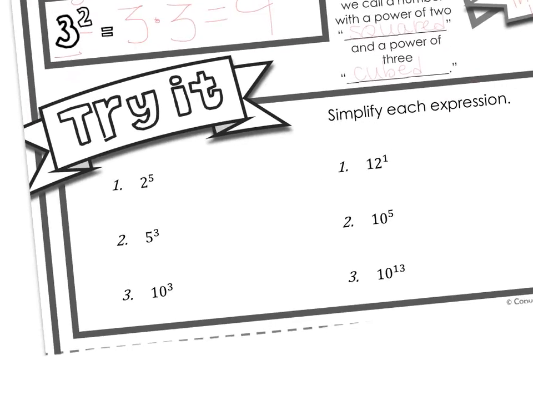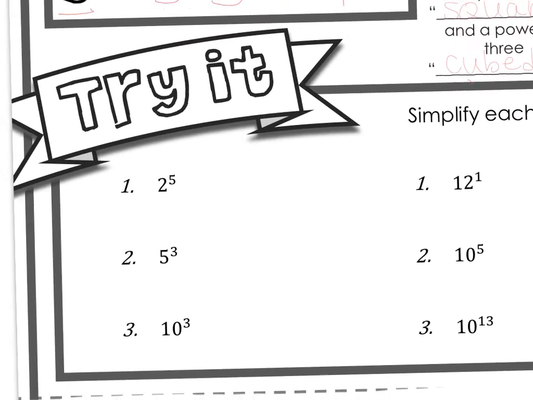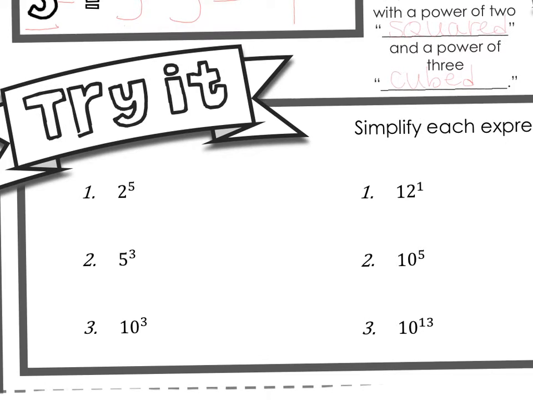Okay, so now we are going to try some problems. And when we try them, we are going to write them out as a multiplication problem and then do the multiplication. So, first of all, if I were to say this, I would say 2 to the 5th power. And that tells me that my math problem is going to be to take 2, which is the base, times itself 5 times.